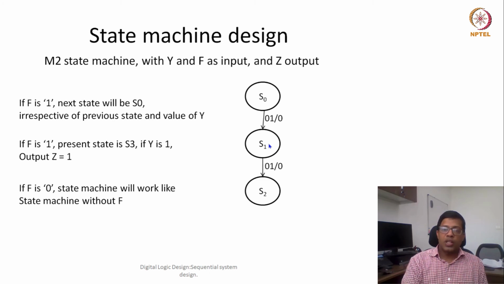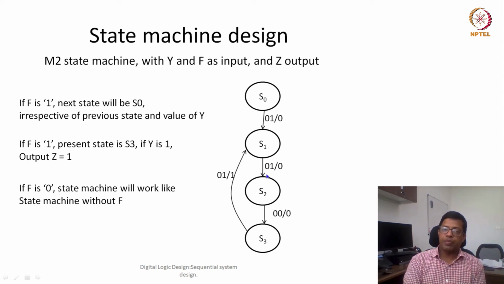If it is 0 1 again, it's going to be S2, and if it is 0 0, then S3. And from S3, if it is 0 1, then it is S1 with the output of 1.